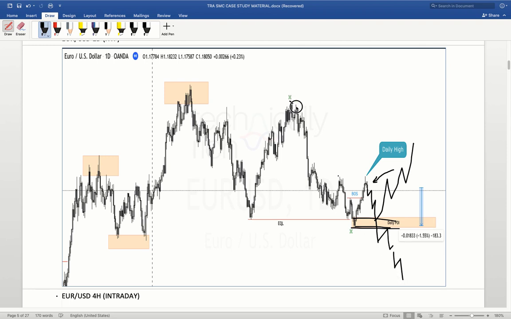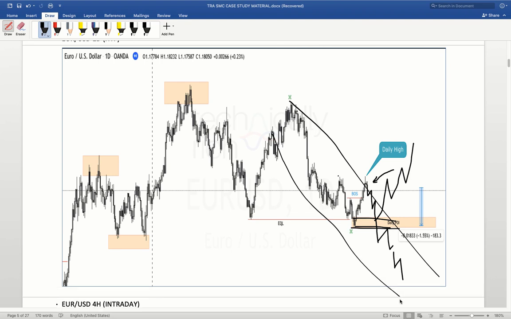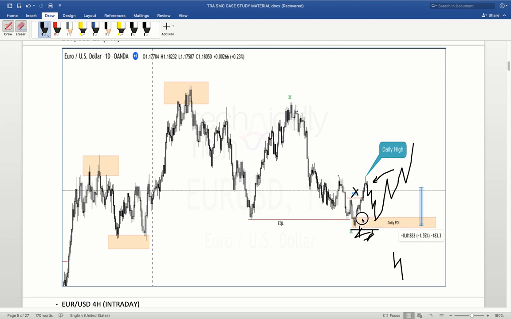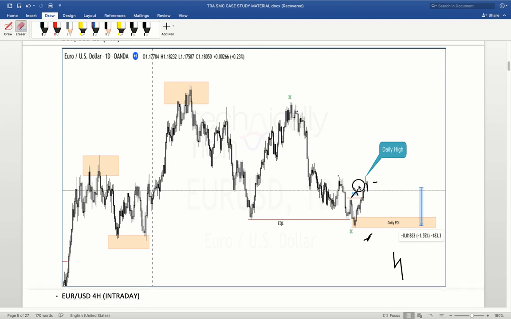After all, the daily would make sense being bearish, and we know this break of structure failed. They've now broken another structure here, but we don't have that yet. So all we can expect now is for price to retrace.